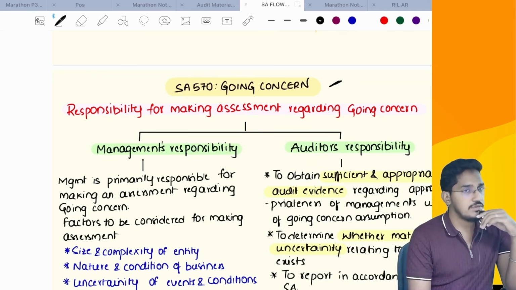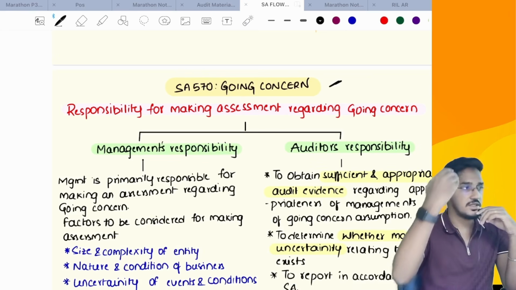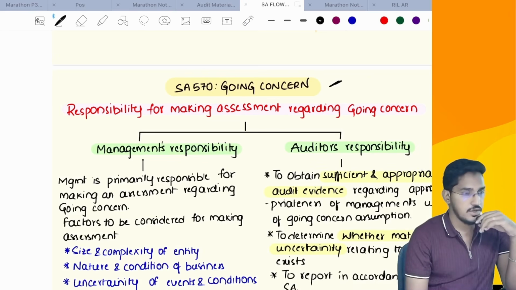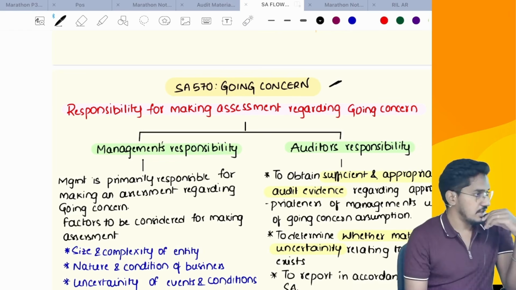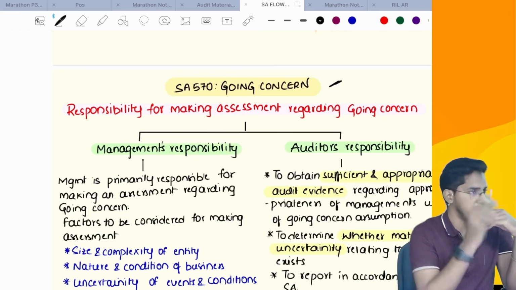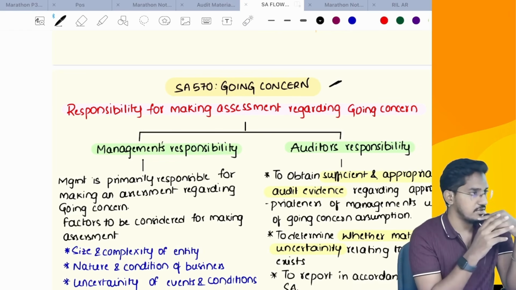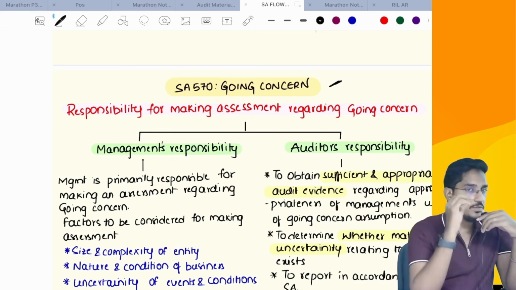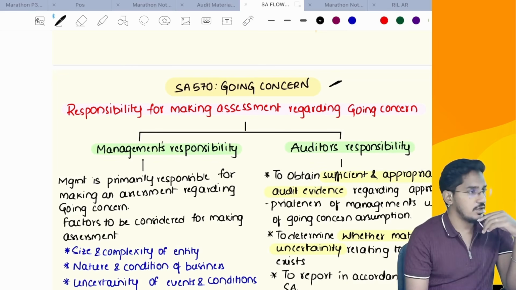So what do you mean by preparation of financial statements on going concern basis? Basically, fixed assets they will value at the historical cost. Current assets they will value at the realizable values and all. So historical cost we follow mainly for fixed assets. That is where the impact is going to come. Fixed assets will be valued at historical cost.